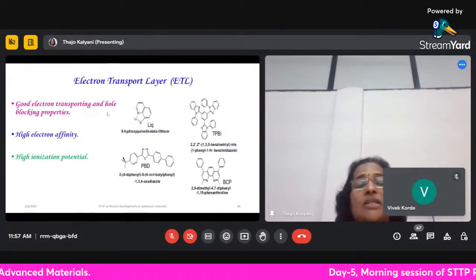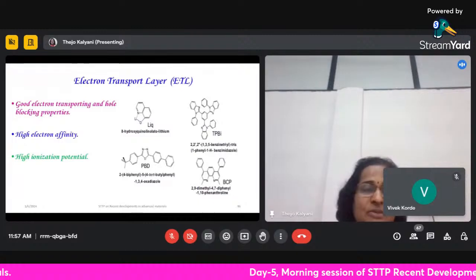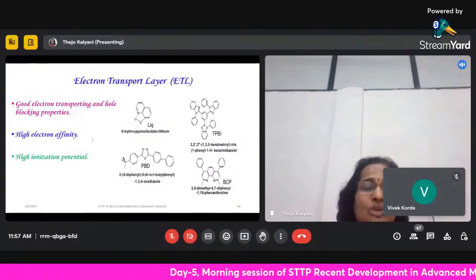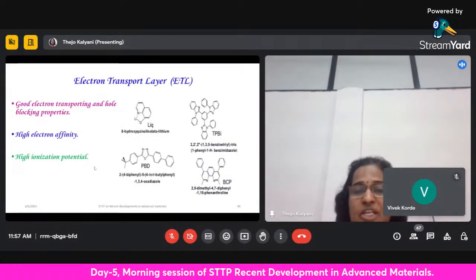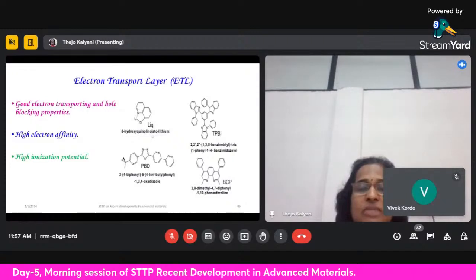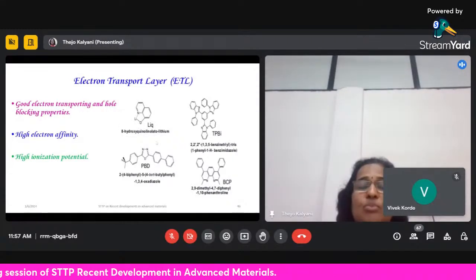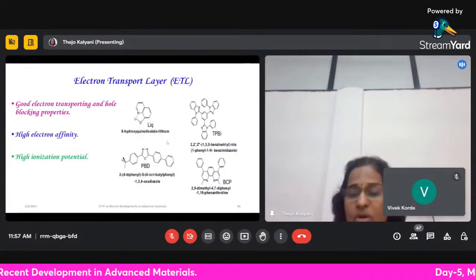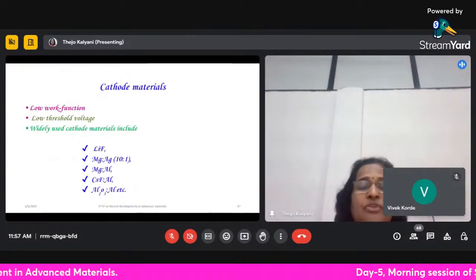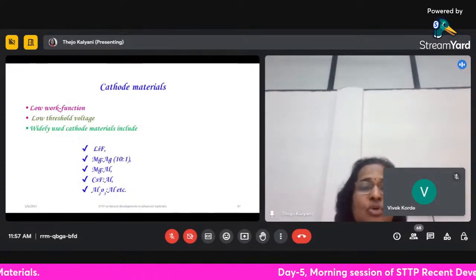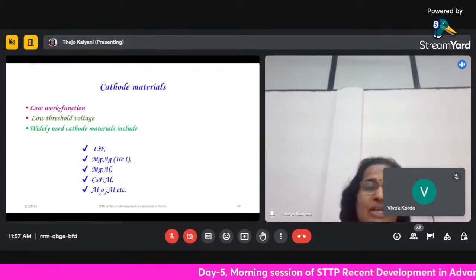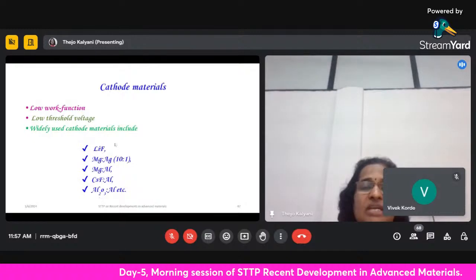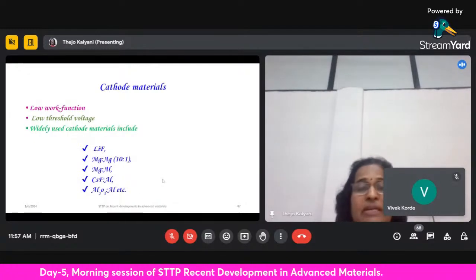They don't want the holes to enter in that particular direction. They should have higher electron affinity and ionization potential, and quinoline-based complexes are mostly used for the electron transport layer. Cathode materials should have low work function and low threshold voltage, and these are the materials which are generally used for cathodes.